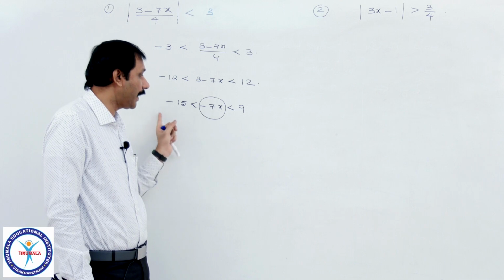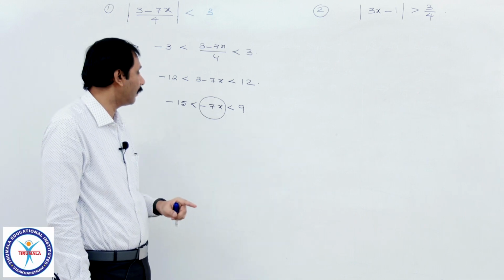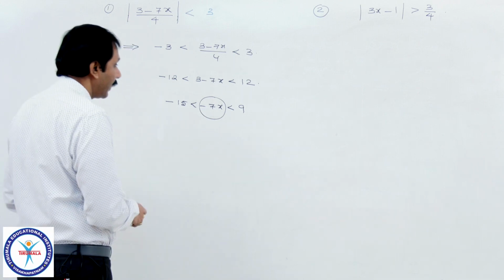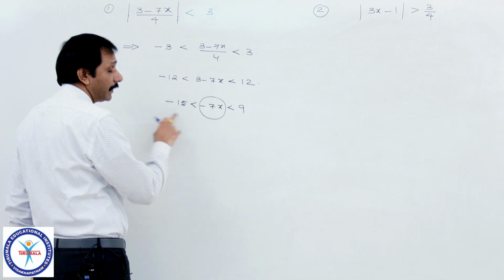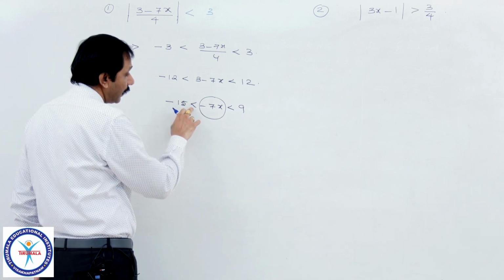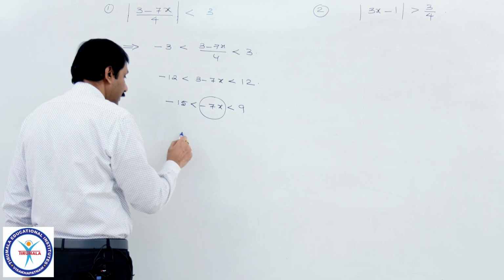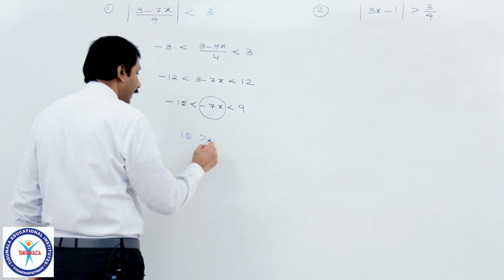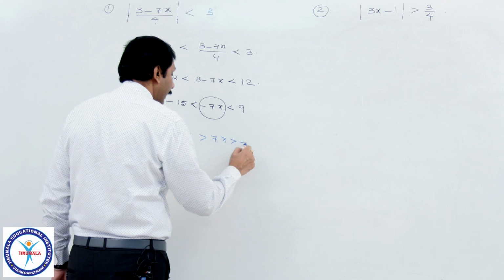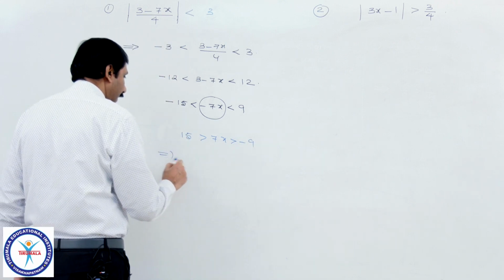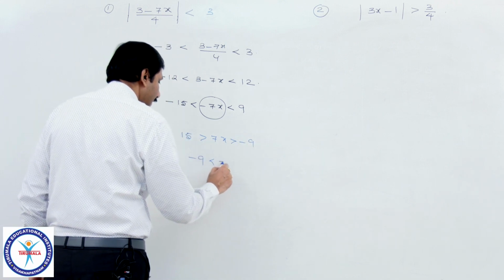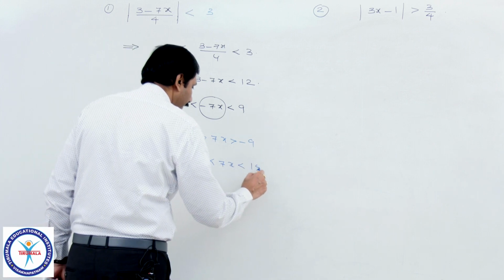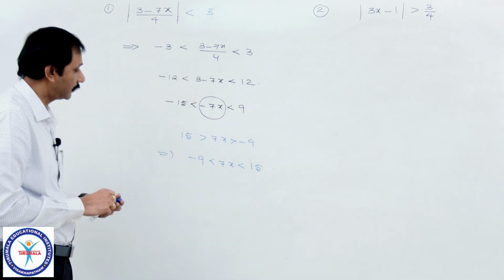First, I will multiply this inequality with a minus sign. What will happen? We have already seen the property: whenever you multiply with a negative sign, the inequality will change. That is, minus of −15 means 15 > 7x > −9. Or this can be written as −9 < 7x < 15. Right.